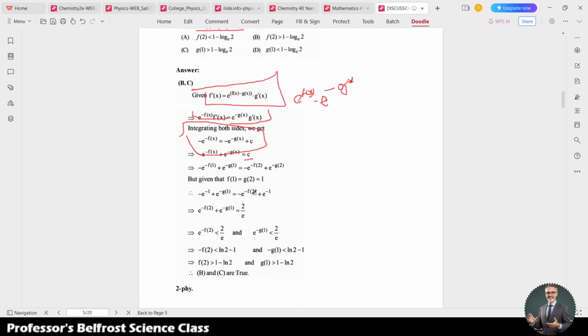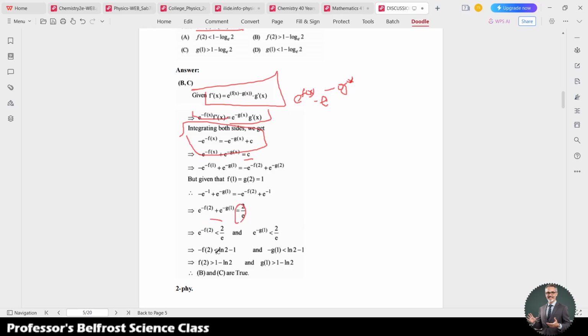Okay, and we just need to substitute the number, so it gives us e^(−f(2)) plus e^(−g(1)) equals 2 over e. So e^(−f(2)) must be less than 2 over e, and e^(−g(1)) must be less than 2 over e, because the addition is the one that gives us this result.